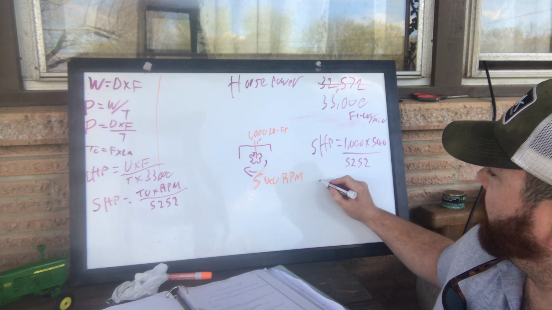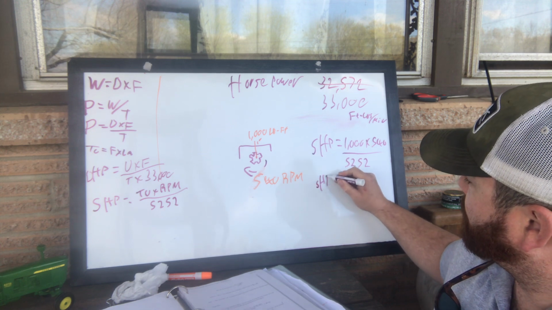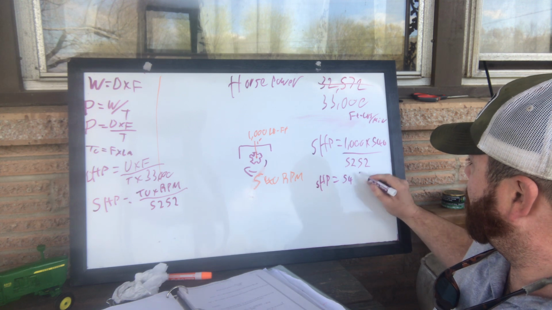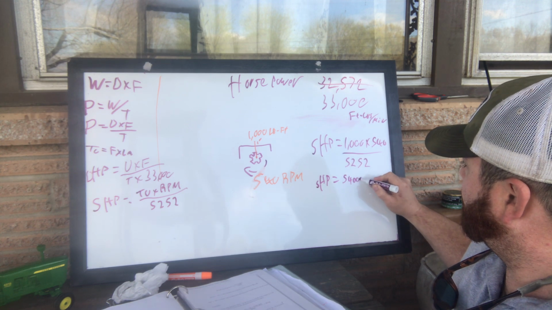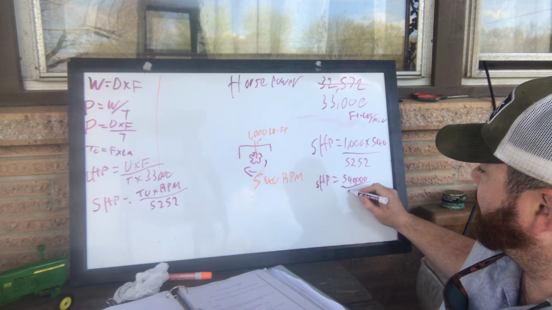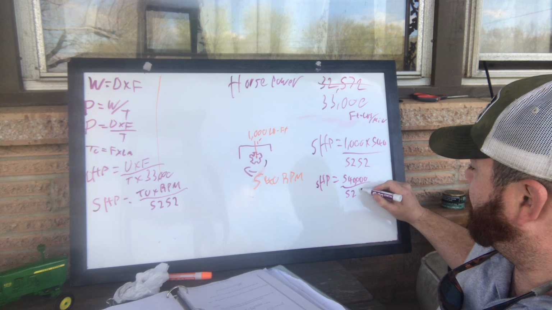Let's see, we'll work it down. So that ends up with shaft horsepower equals 540,000 divided by 5252.